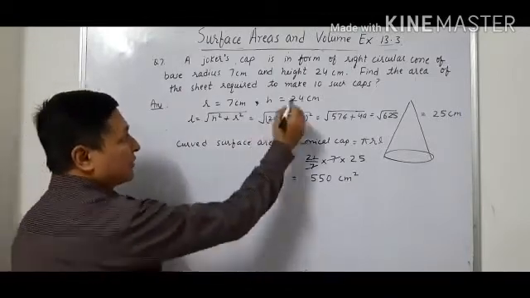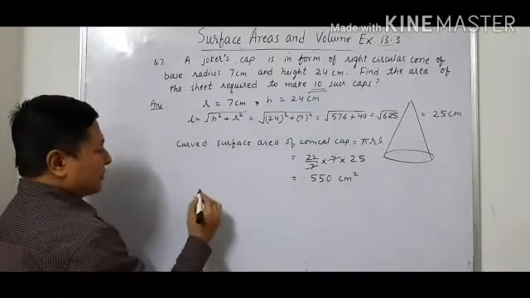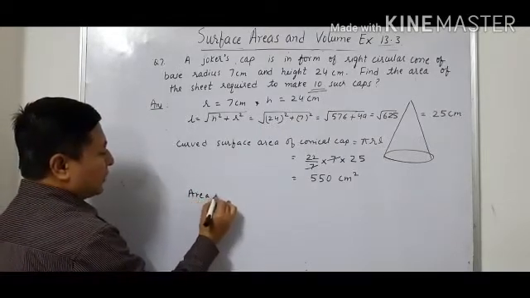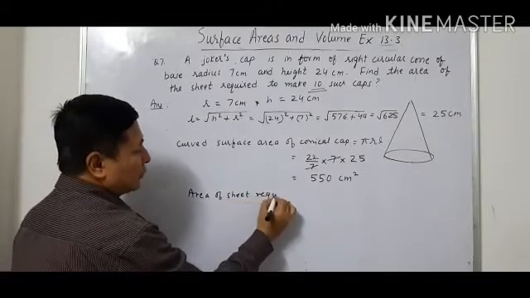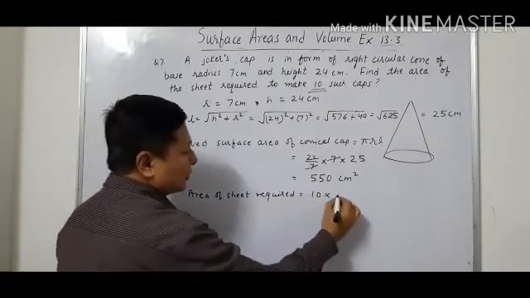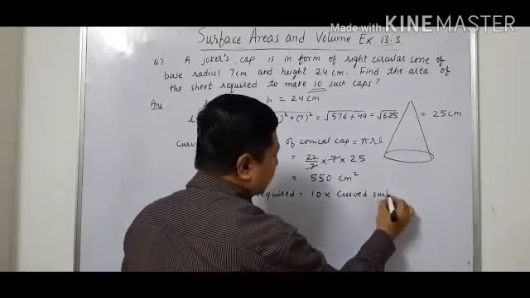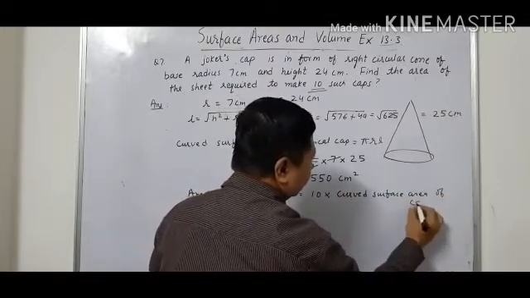And how many caps we have to make? 10 such caps. So we have to find the area of sheet required. Area of sheet required will be equal to 10 into curved surface area of conical cap.